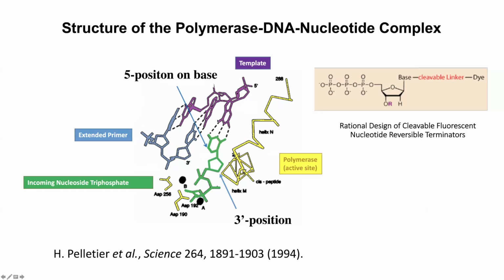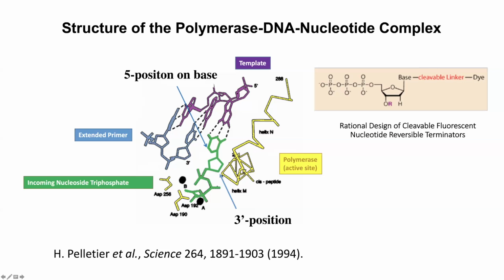antiviral inhibitor development. For sequencing, again, we target the polymerase. Here's the template, here's the primer, here's the incoming nucleoside triphosphate, complexed by the polymerase active site. Again, our focus is on these molecules. For sequencing, we need to make sure the molecule is recognized by the polymerase.